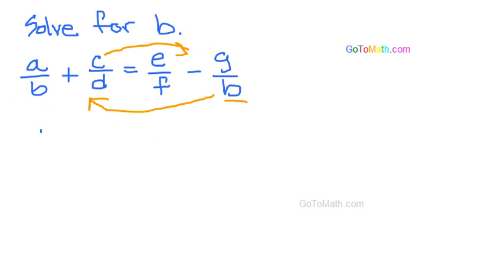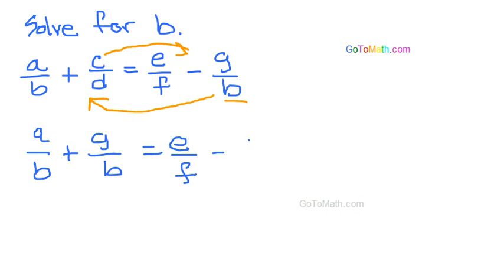Okay, so we end up with a over b. Moving this over to the left is going to make that positive, g over b. And moving the c over d over, since it's positive, we move it to the right, it'll become negative. We'll go ahead and rewrite that, so minus c over d.